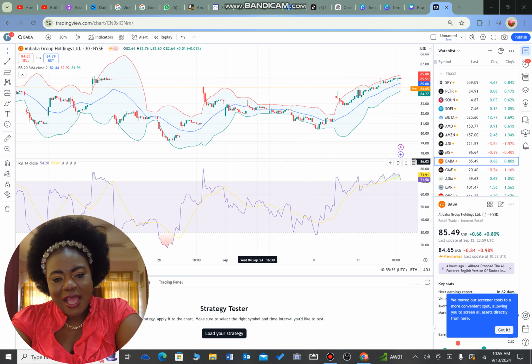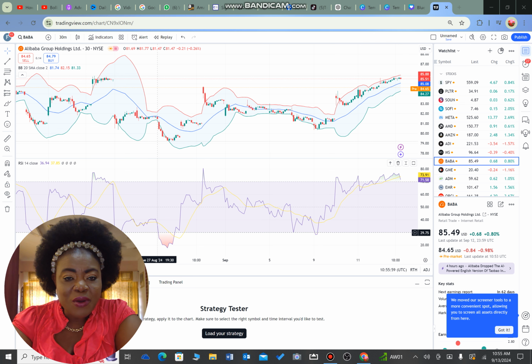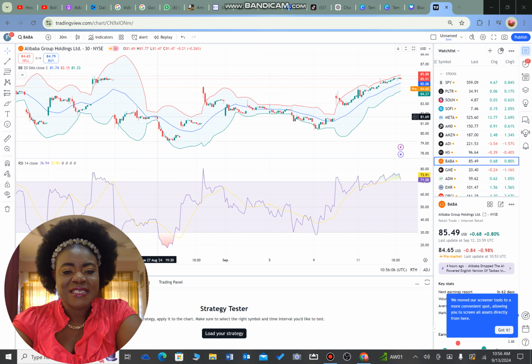So I'm looking at my favorite RSI here, and as you can see, this point in time, the RSI was 29.75, and on the Bollinger Bands, you can see up there that it was just around the moving average. That is the line in the middle.